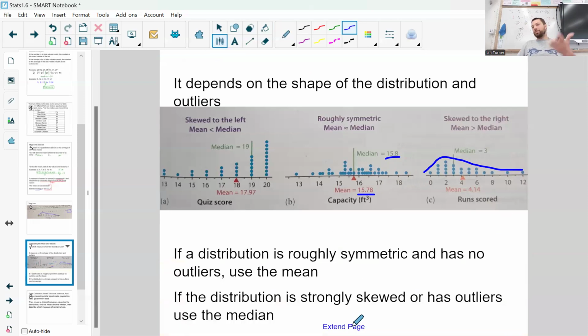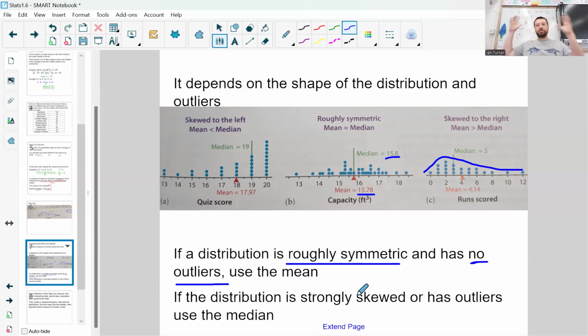So here's our basic idea. If a distribution is roughly or perfectly symmetric, and has no outliers, use the mean. The mean is just going to be easier to find a lot of the time. It's going to be easier to calculate. Your calculator is going to do it.